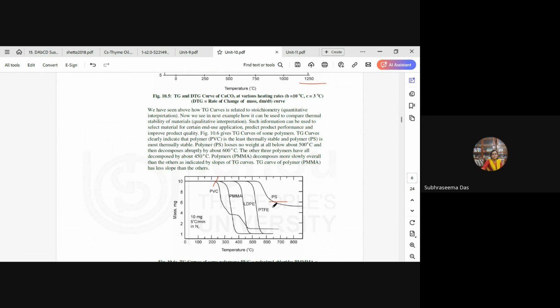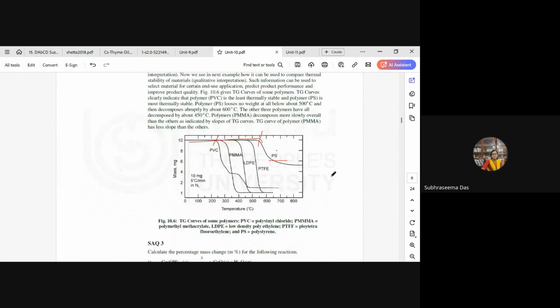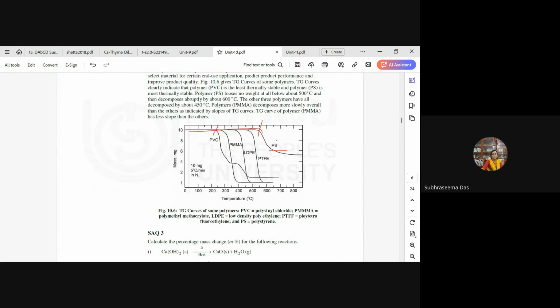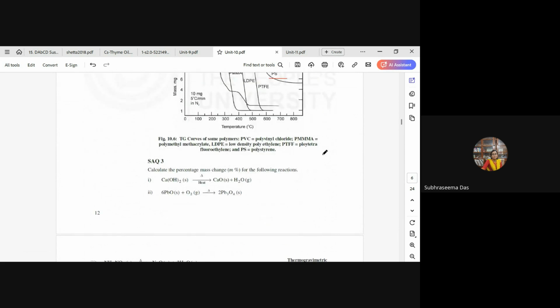But polystyrene is stable beyond 550 degrees centigrade and decomposes at around 600. So we can say polystyrene is thermally more stable than PVC. That is how we can explain the thermal stability of different types of polymers from TGA plots.